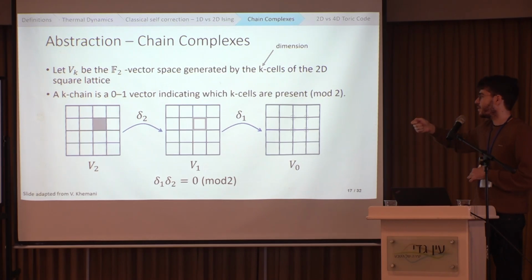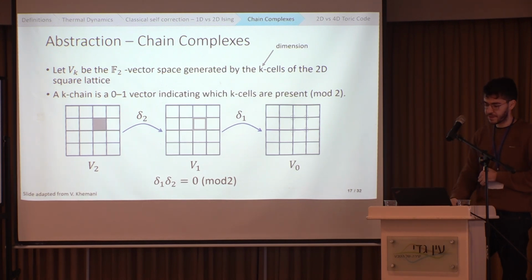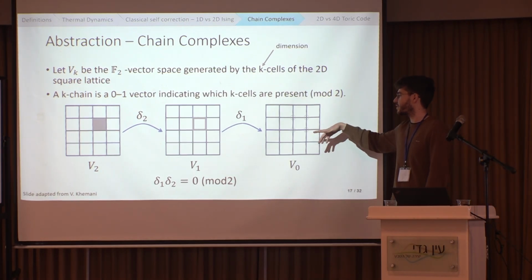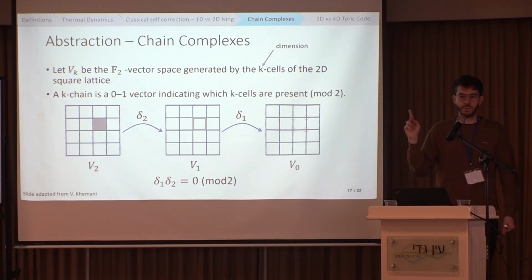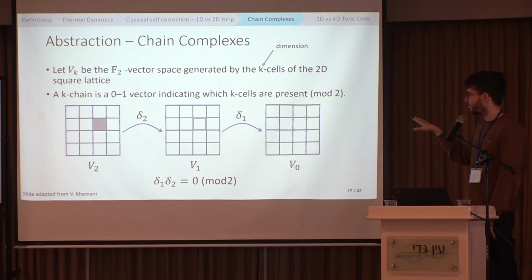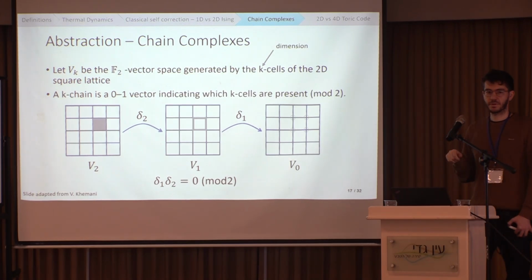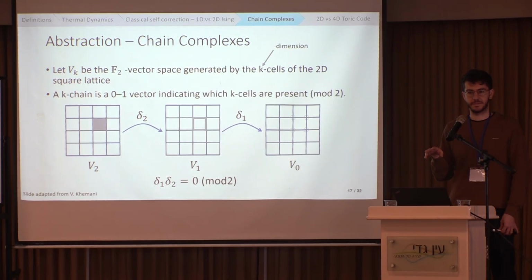When we apply the boundary map on this vector, we get the boundaries of the triggered plaquette, and this gives us these 4 edges. And when we apply again a boundary map, delta 1, we get zeros because it has no boundaries. This is because it's modulo 2, and each vertex is counted twice for each edge, so we have 0. Questions about this?